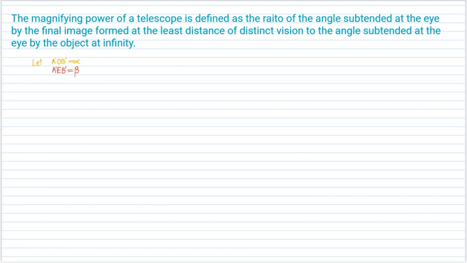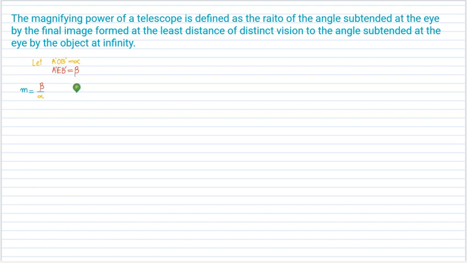Then what will be your magnifying power? The magnifying power M can be written as the ratio of the angle subtended by the image, which is beta, divided by the angle subtended by the object, which is alpha.